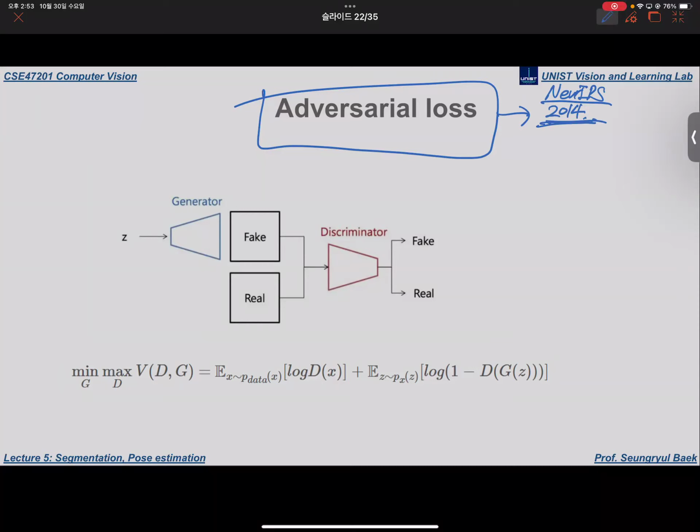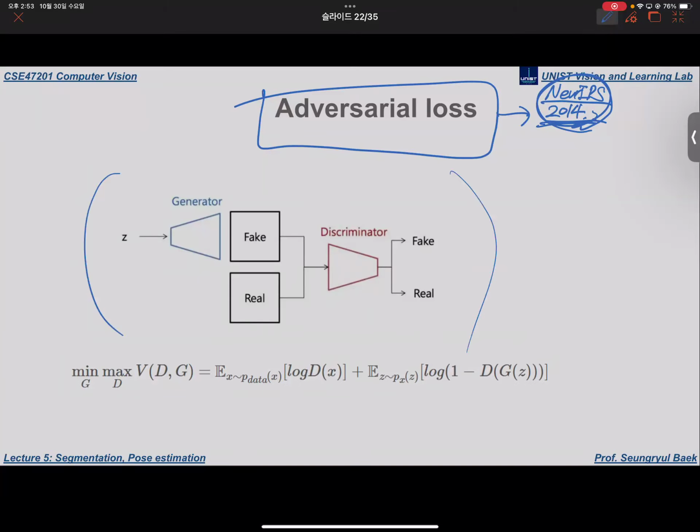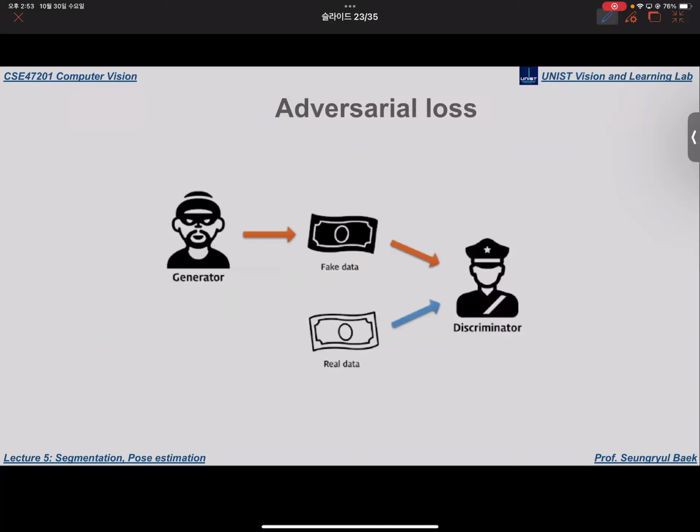So this is already an outdated paper, from 10 years ago. Now more advanced techniques are replacing it, but anyway, I think this is worth knowing. What they do might not be that intuitive, so I will show you an intuitive figure first.